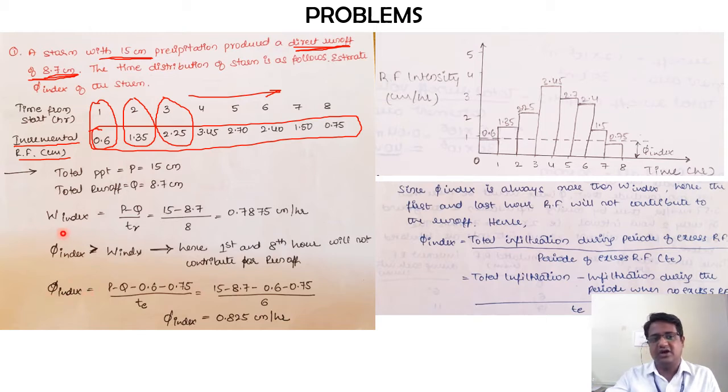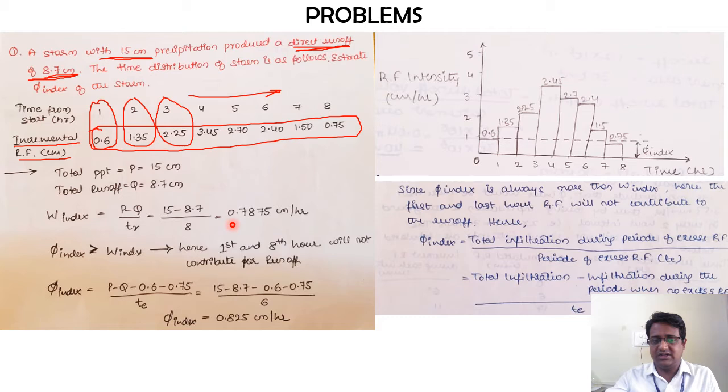W index is P minus Q divided by TR. P value is already known, 15 centimeters. Q value is known, 8.7 centimeters, divided by 8, which is your time duration of 8 hours.